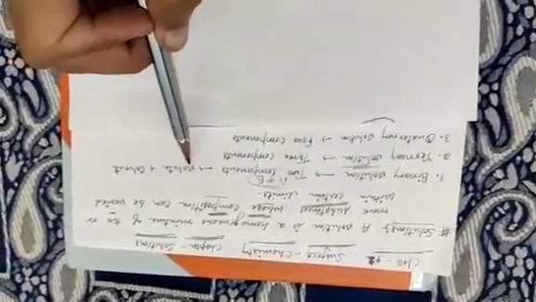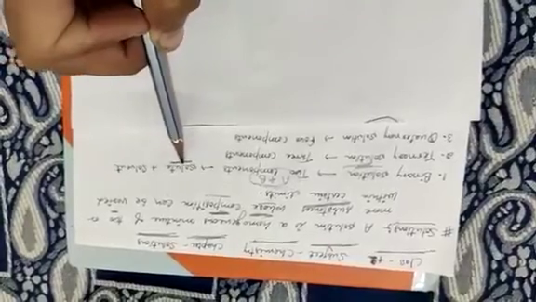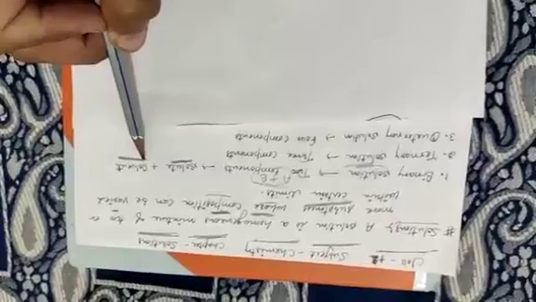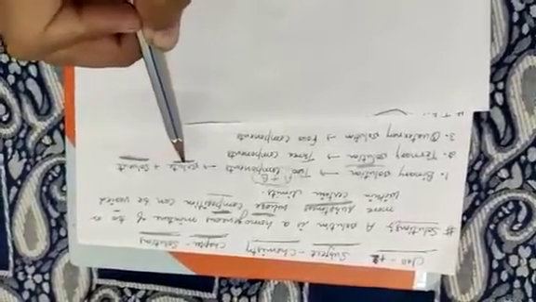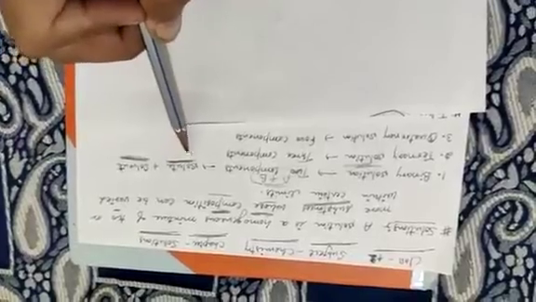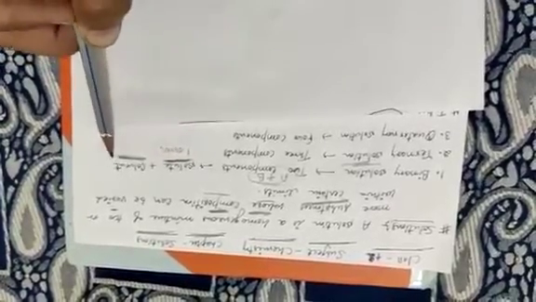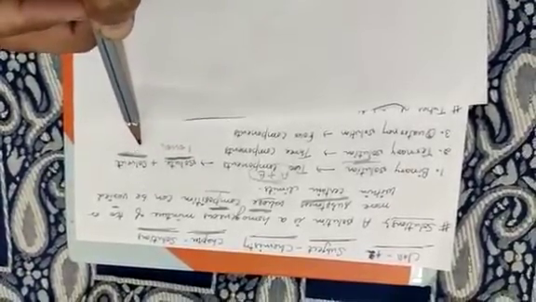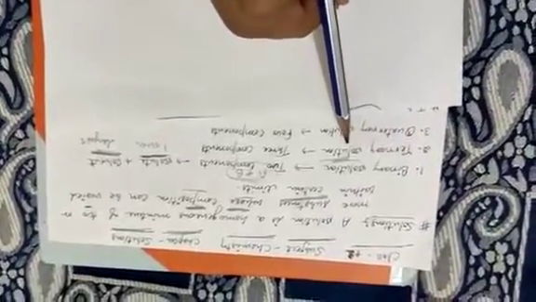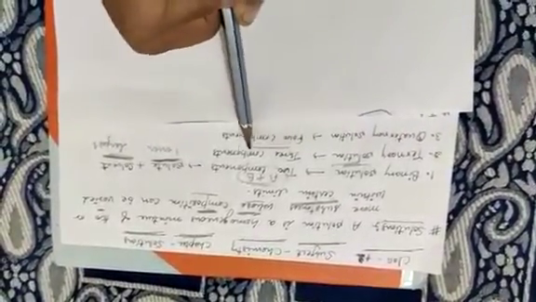These two components are called solute and solvent, and you know very well what a solute and a solvent are. The solute is the substance in lesser amount, and the solvent is in the largest amount. Clear? The second is ternary solutions, in which three components are there.